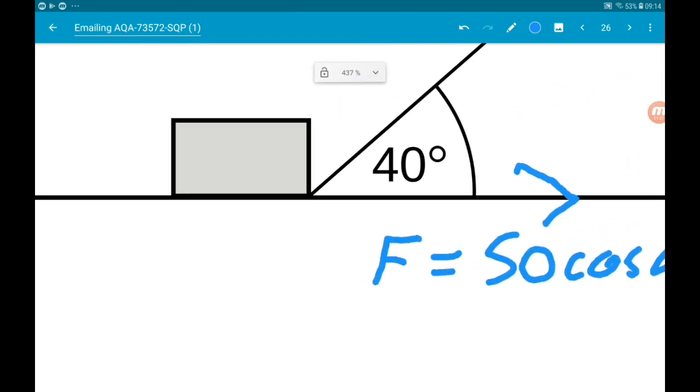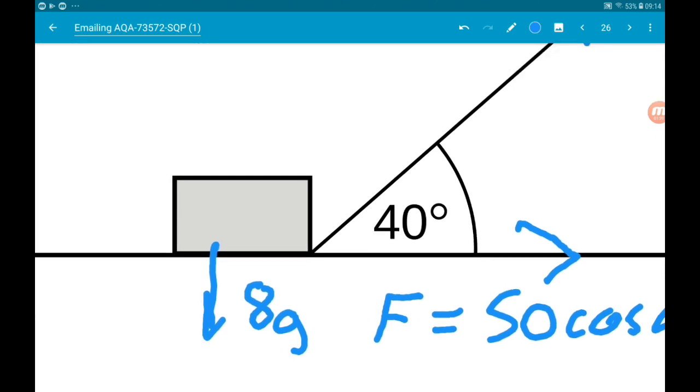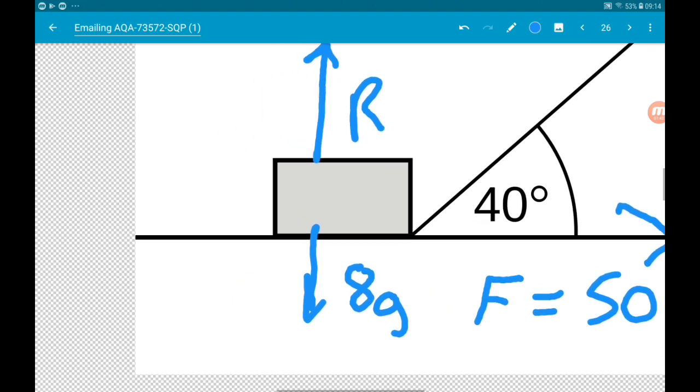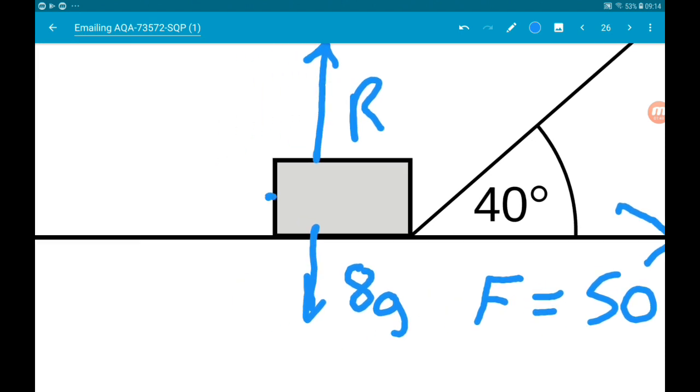Now we know the weight of the box acting downwards is 8g. The force acting up is the normal reaction force. Now we know that the box is moving to the right, so the resistant force is going to be mu times the normal reaction force.